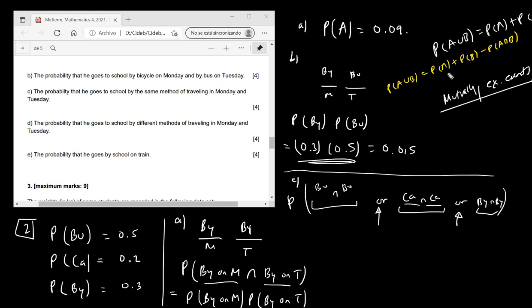Okay, and if you know that you are dealing with mutually exclusive events, if you know that A and B are mutually exclusive, what that means is that they cannot happen at the same time. If A happens, then B doesn't happen, and vice versa. If B happens, then A doesn't happen. They cannot happen at the same time. That's the definition of this thing.